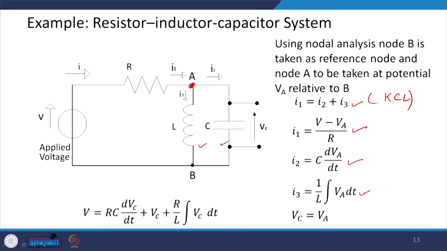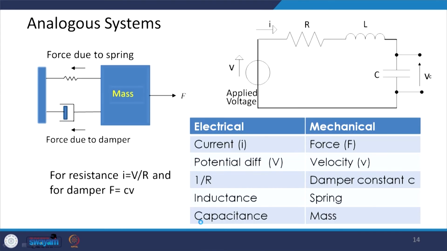And Vc is actually same as VA. So I can substitute values of I1, I2 and I3 in this equation, and I will be getting this equation. This way, using KCL and KVL, we can write the equation of the system.